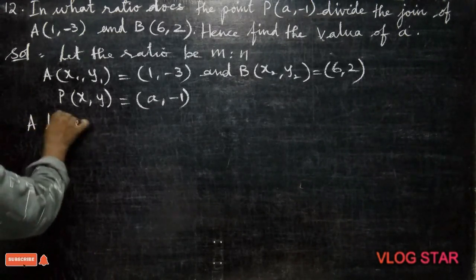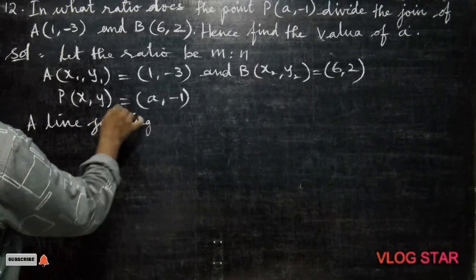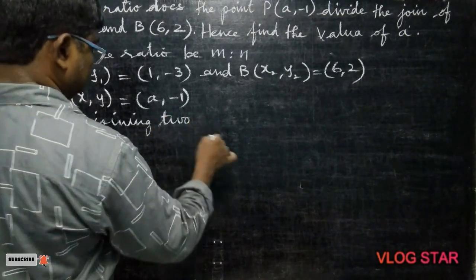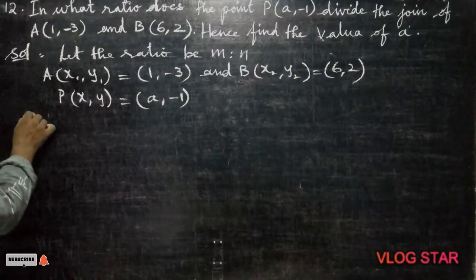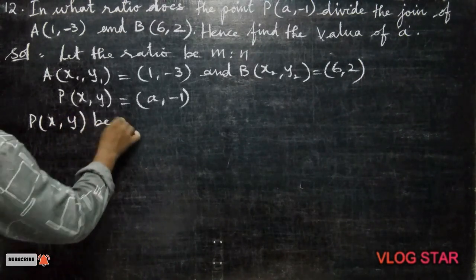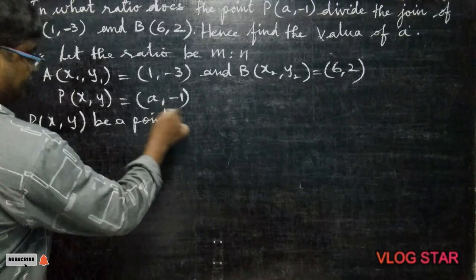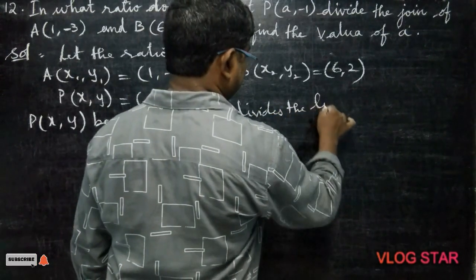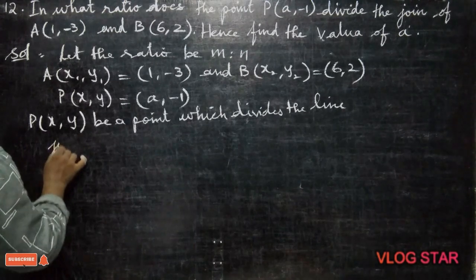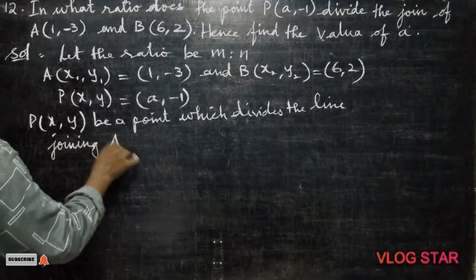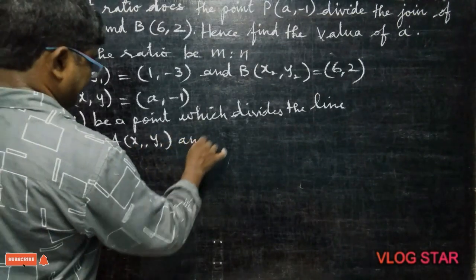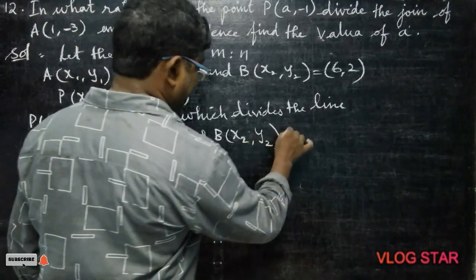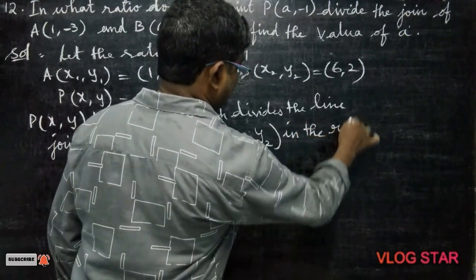Now we know the formula. Let P(x, y) be a point which divides the line joining A(x1, y1) and B(x2, y2) in the ratio m is to n.